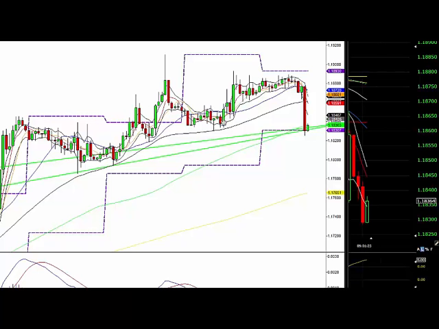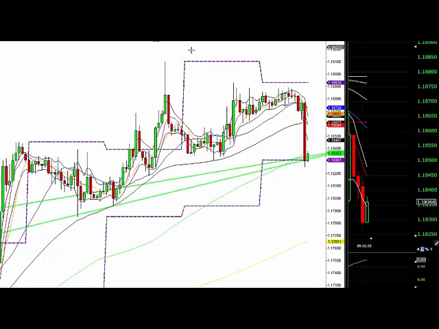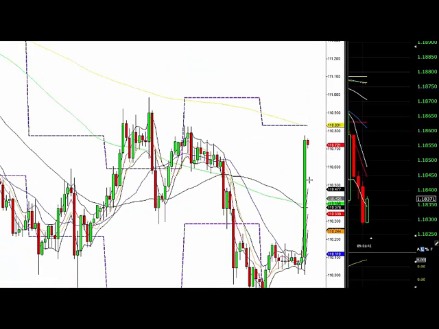Okay, just back. We've had this nice rundown, as you can see, on the euro dollar. It's now 2 o'clock, so we've got the hourly candles locked in. That's the euro dollar. Let's go to the, actually, can you see this clear enough? Probably. Let's make that a bit clearer. And then on the dollar yen, we've had this fantastic up move.